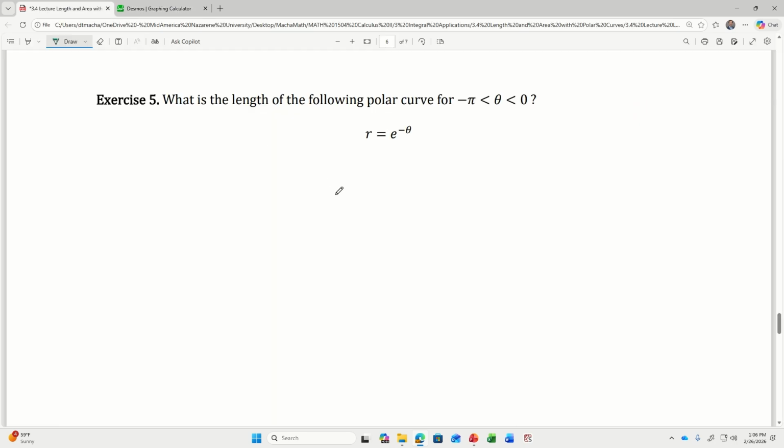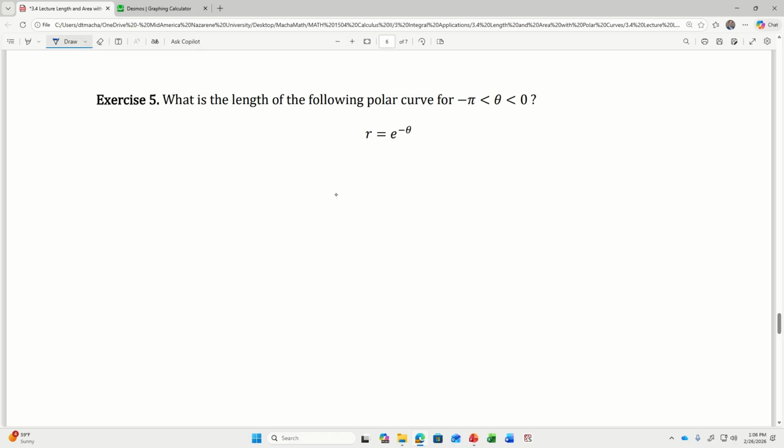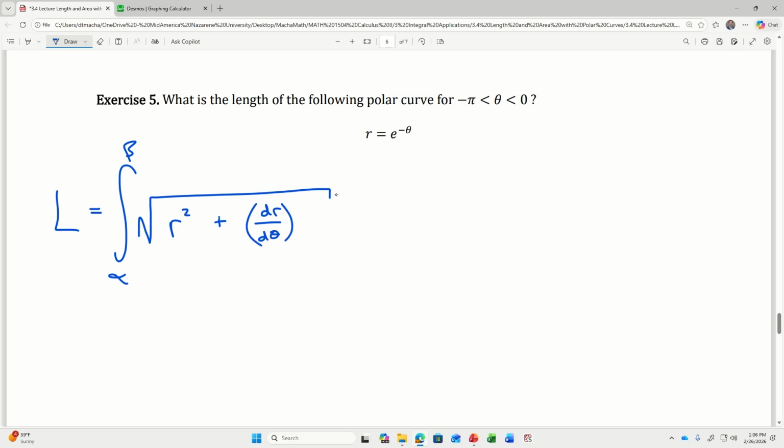All right. So our formula for length that we just found is the integral from alpha to beta of the square root of r squared plus dr d theta squared, d theta. And when we have the r squared, we're going to replace that with e to the negative 2 theta.